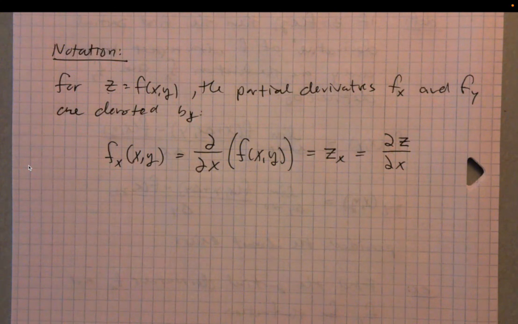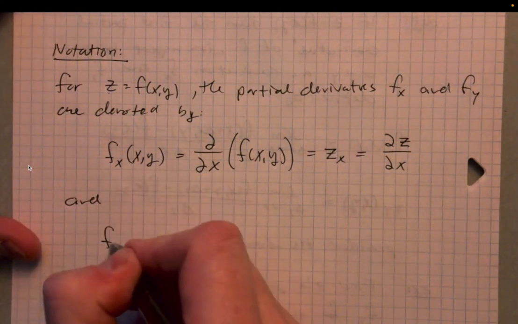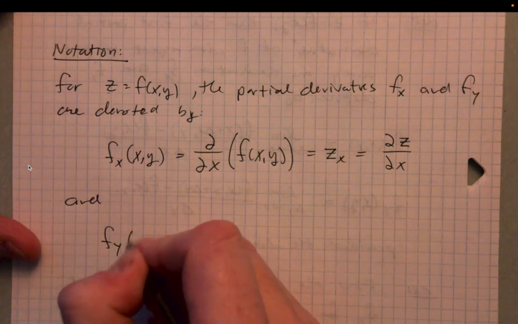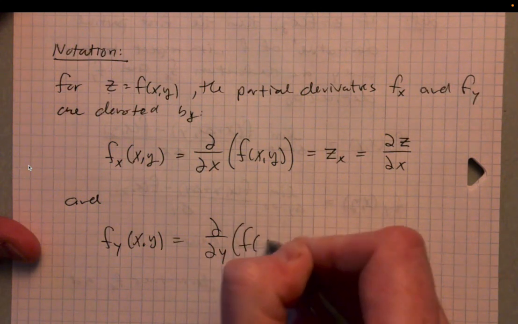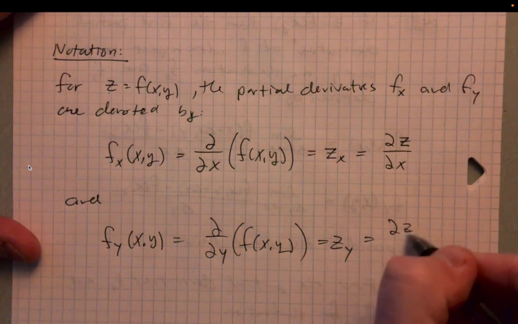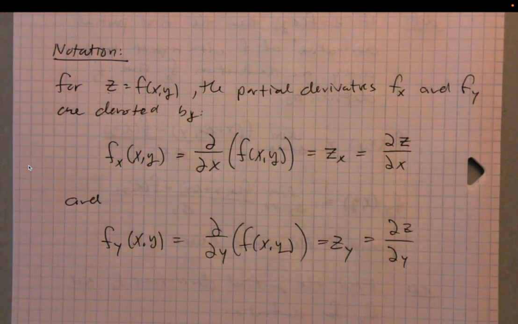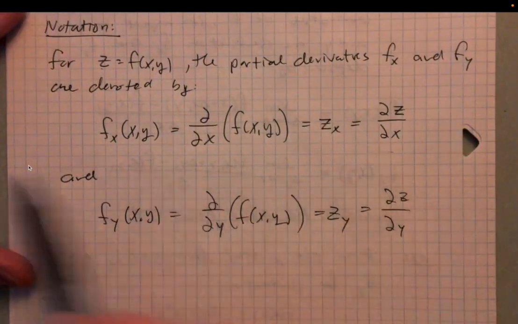And of course with y, you would have the same thing. f sub y of x, y, del over del y of f(x, y), z sub y, or del z over del y. Something like that. These are all common.